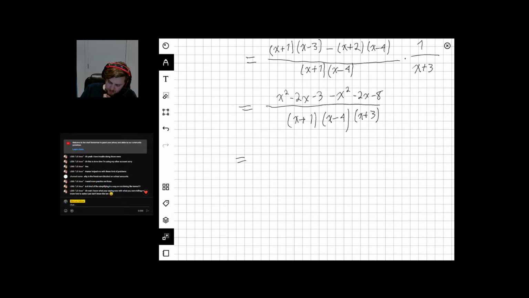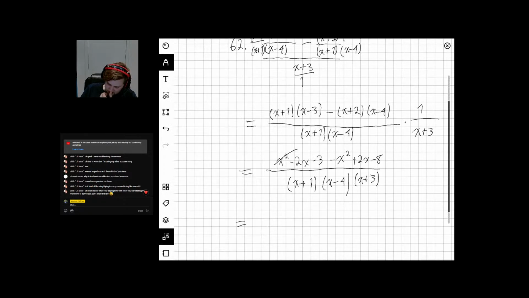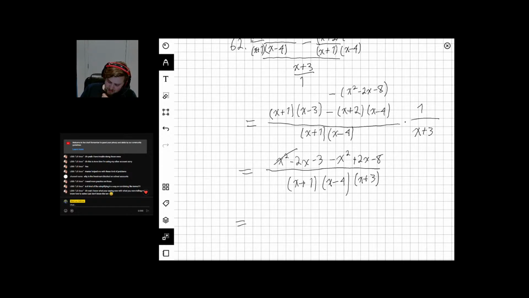Okay, so this cancels with, oh, this should be positive 2x because I need to distribute the negative over the whole thing after I FOIL. And before I apply the negative, this is going to be x squared minus 2x minus 8. So I need to reverse the sign of each of these.